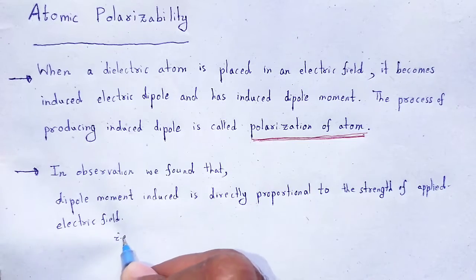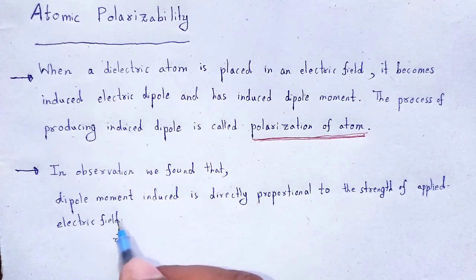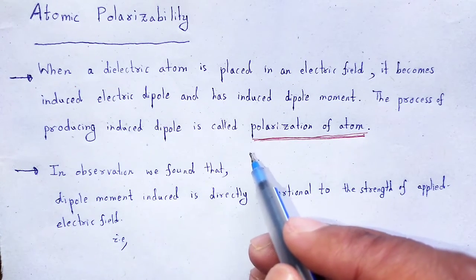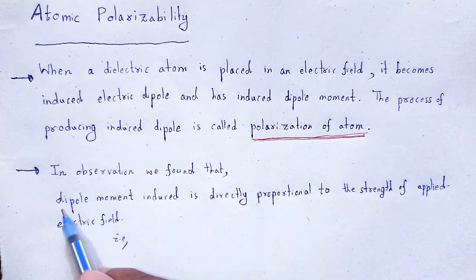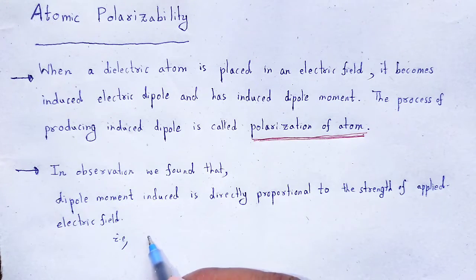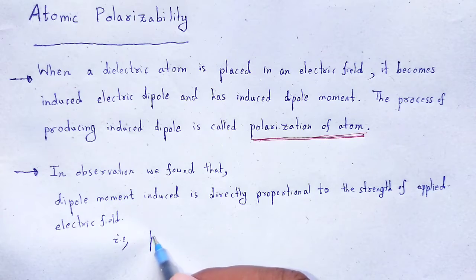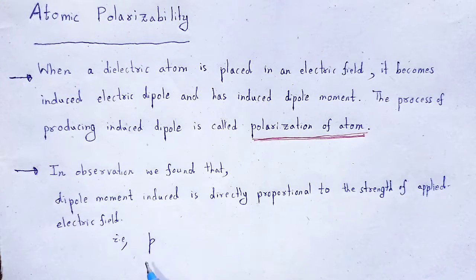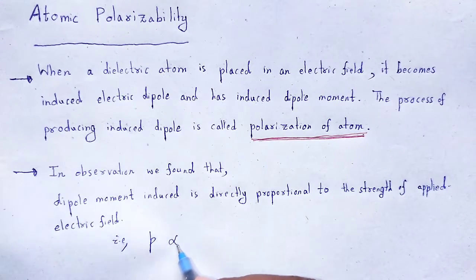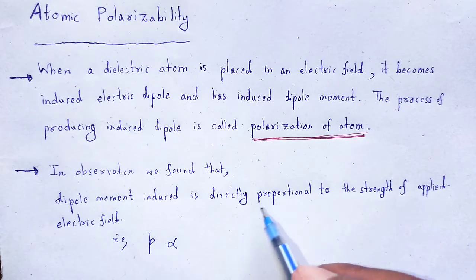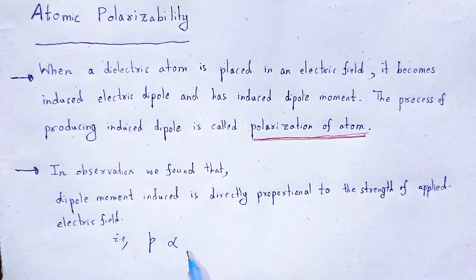That is, the induced dipole moment, denoted by small p, is directly proportional to the strength of the applied electric field.